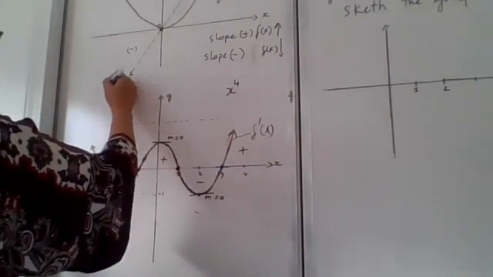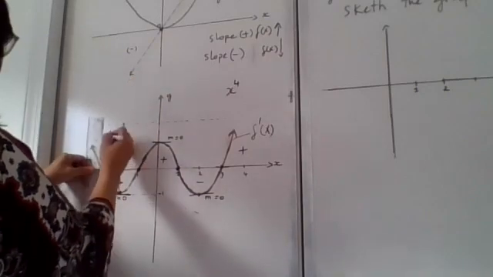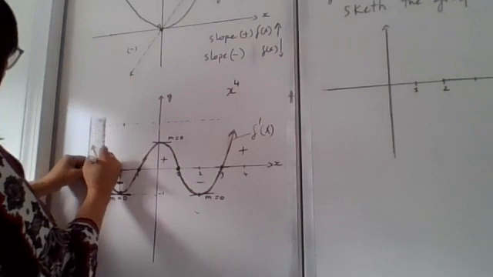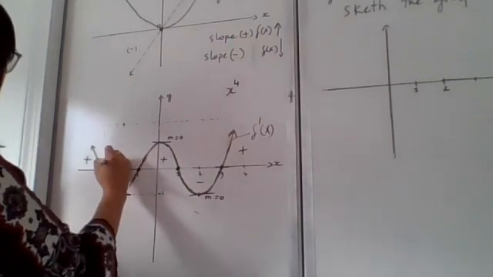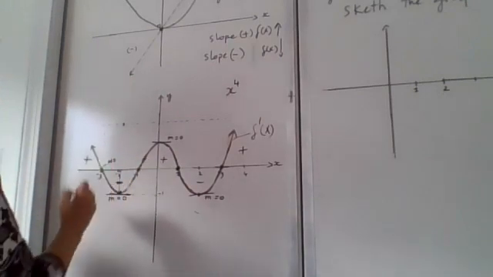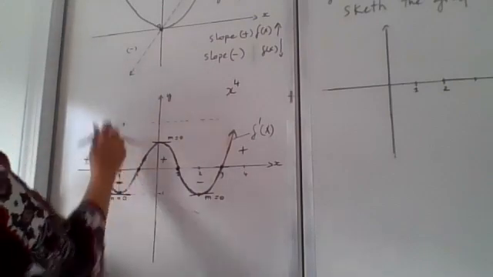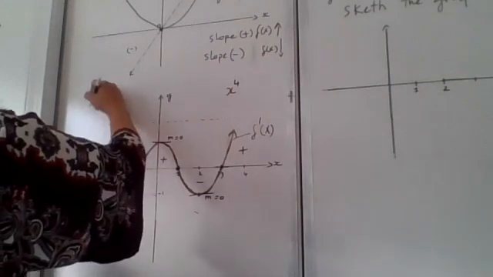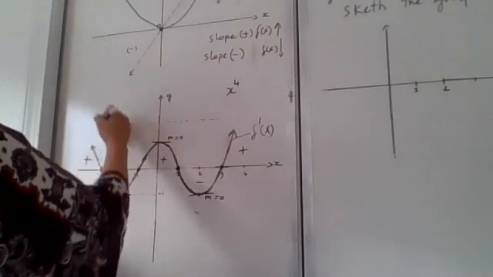So go this way, right? Then right here at this point, I know this is a minimum point, no, maximum. Why? Because I start the function going up like this, right?